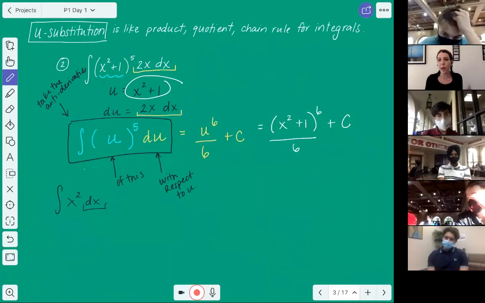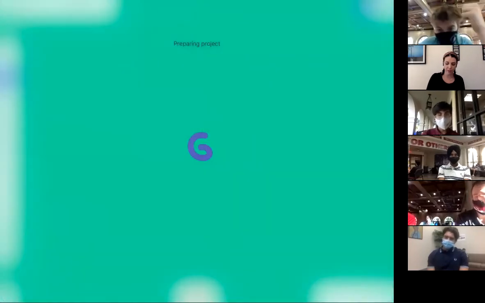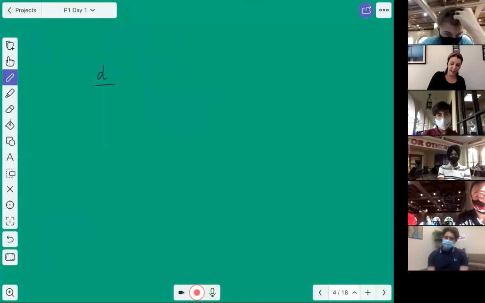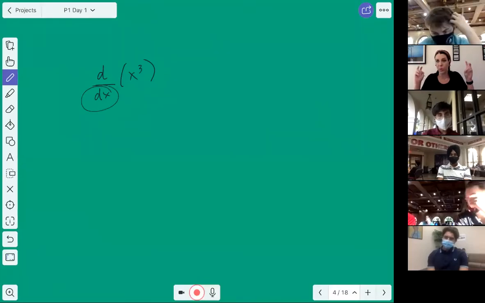So it goes away because it's just telling us what we're taking the antiderivative with respect to. Just like if I were to take a derivative, if I were to say d over dx of x cubed or something like that, this dx also goes away because it's just telling us what we're taking it with respect to.